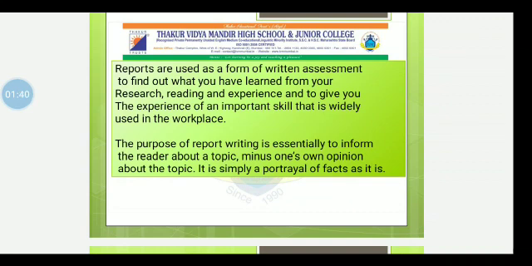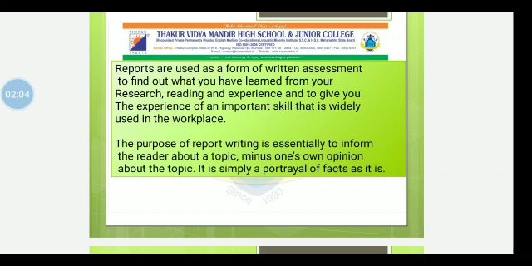Now, whenever you see an event, you will have observed a number of facts, heard many things, and many actions may have taken place, or you may do some research on the same. So, you need to give an account of the same in a well prepared manner.